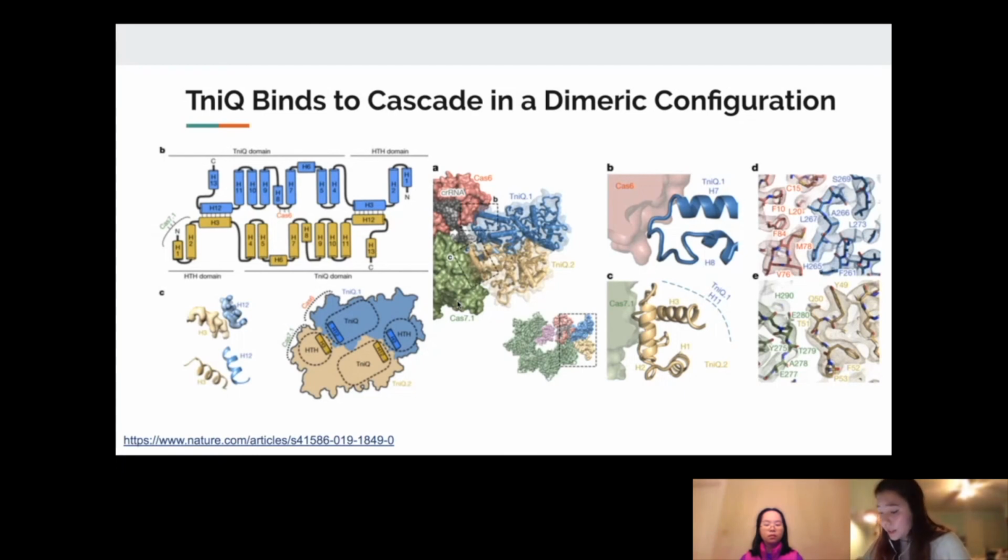The reason it does this is that there are different hydrophobic regions in the Cas6 and Cas7.1 structures that allow the TNIQs to bind to them at specific points. The HTH portion is used mainly for the dimerization of TNIQ, and the TNIQ domains of the TNIQ are the ones that are generally used for binding to the cascade complex.